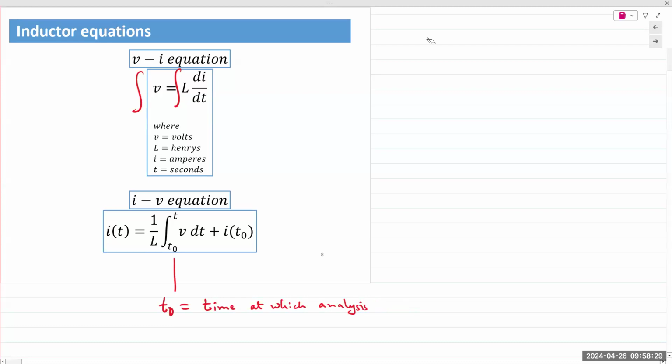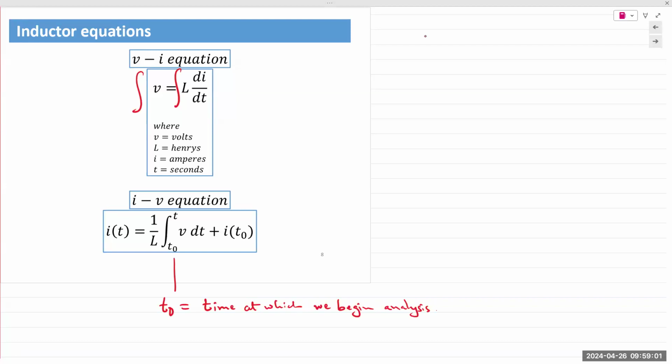Time at which we begin analysis. And then t is, of course, any variable time t where we end analysis.